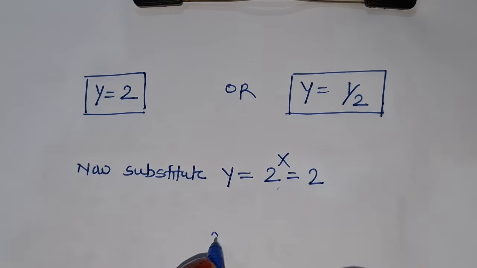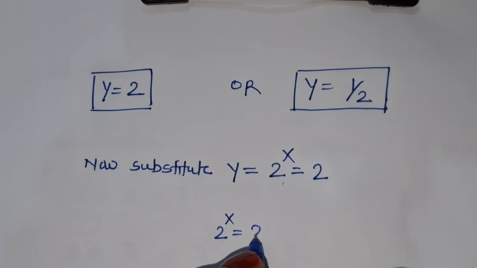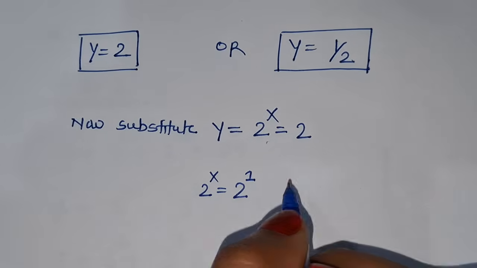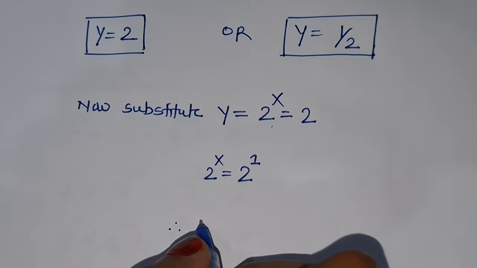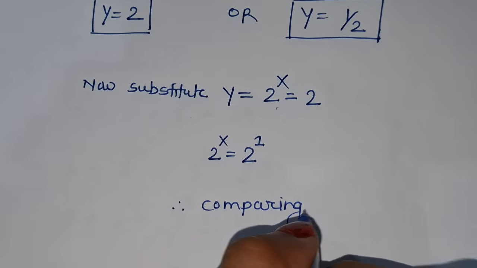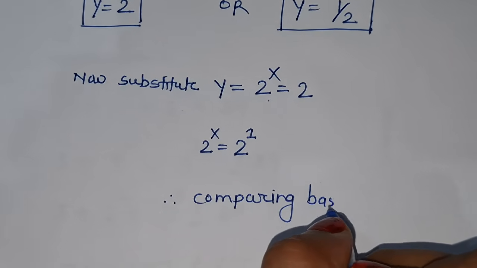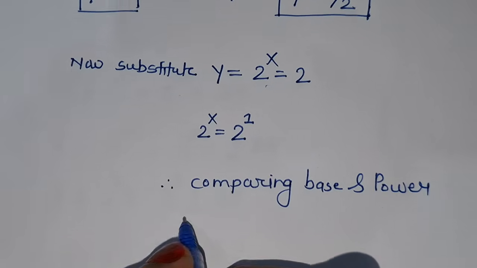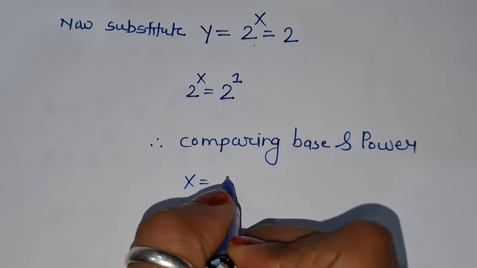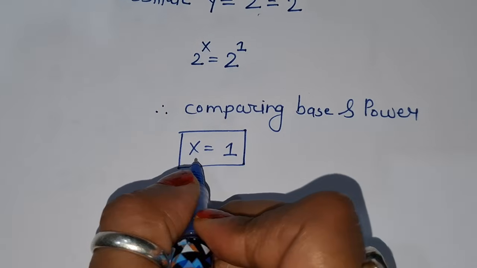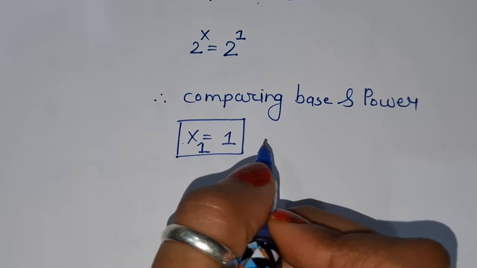So 2 power x is equal to 2. If 2 power x is equal to 2, we can consider power 1. Therefore, comparing base and power, we get x is equal to 1. So the first value is x1 is equal to 1.